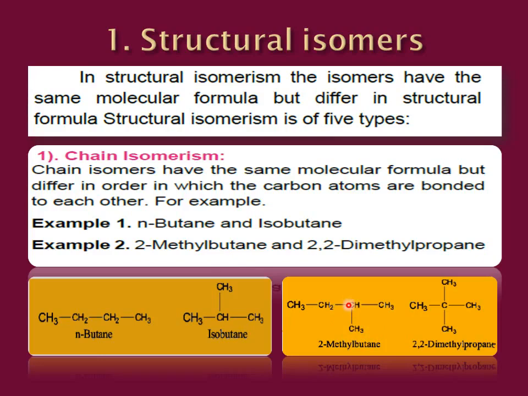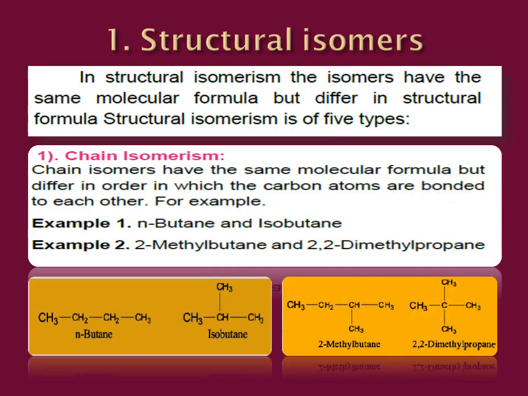The next isomer is 2,2-dimethylpropane. It is a neo structure. Both of these isomers have the same chemical formula, but you can see the difference in the chains. Both of them are branched structures, but this is a neo structure and 2-methylbutane is an iso structure. So the difference is in the carbon atoms which are bonded to each other.